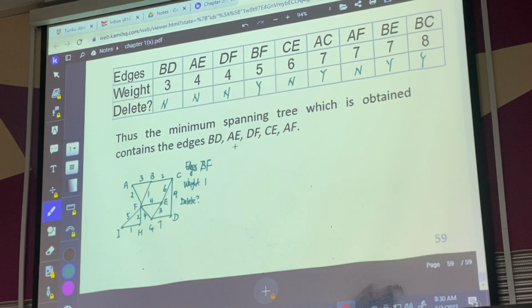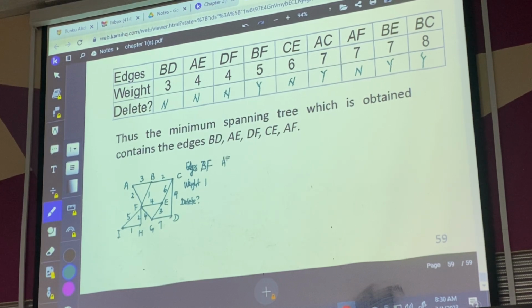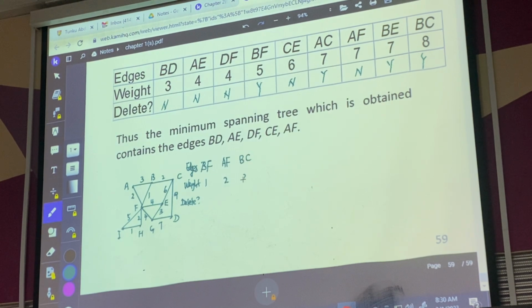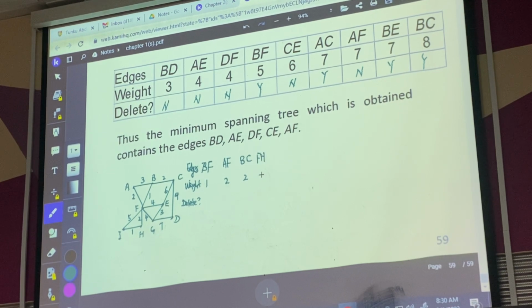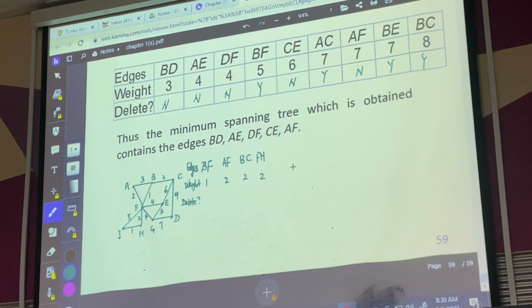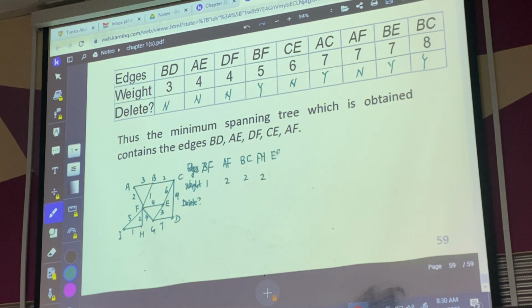Then the second one is the weight 2. So you have AF and BC, weight 2, FH, also weight 2. Then for the weight 3, you have EG, weight 3, any more?